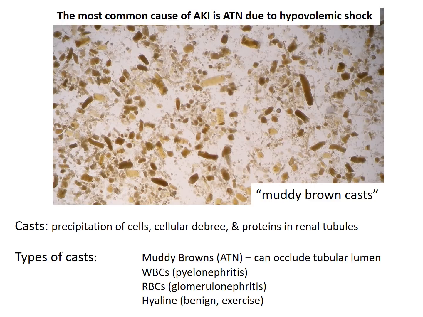And hyaline casts are a benign cast that you may see following a prolonged period of exercise and dehydration. The hyaline casts are nowhere near as pathologic as the muddy browns, the white cell casts, or the red blood cell casts. Casts means that you're precipitating these things. You're precipitating the cellular debris, precipitating the white blood cells, or precipitating the red blood cells.